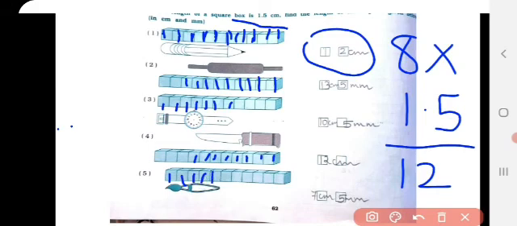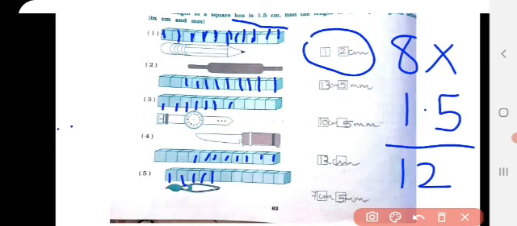Right? 5 into 1.5, so your answer will be 75, out of which the 7 will be centimeter and 5 will be millimeter. Clear? Now how to multiply with 1.5, I will show you in a later video, how to multiply and how to get an answer.